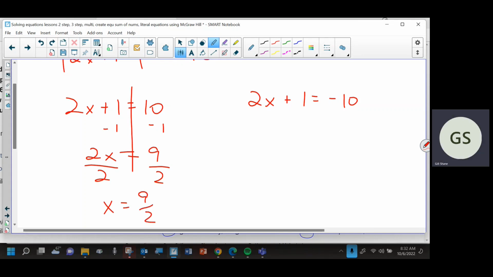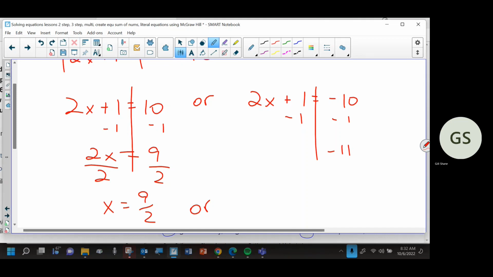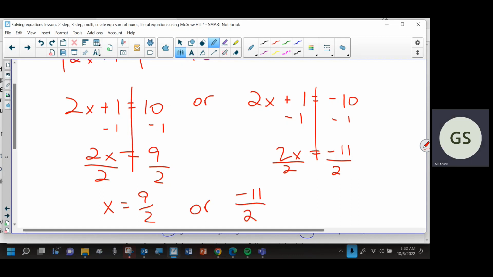But then I have to say, x is going to be equal to that, or x is going to be equal to, same exact steps, I just get a different answer at the end. Or x is going to be equal to negative 11 divided by 2. So that's all you have to remember to pass, just that there's two different equations.